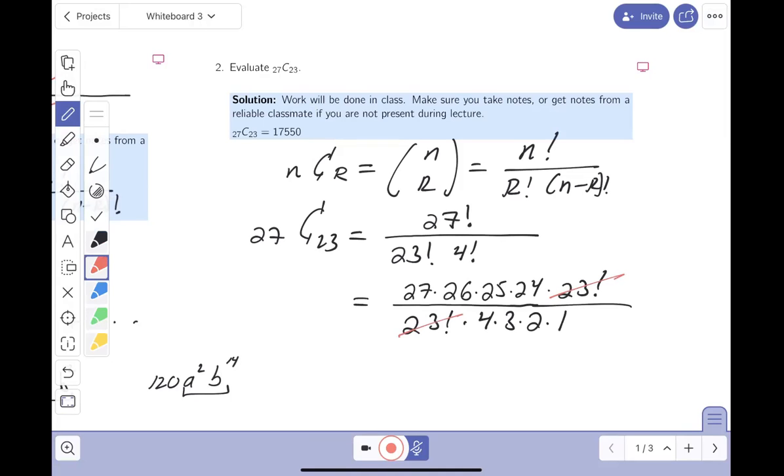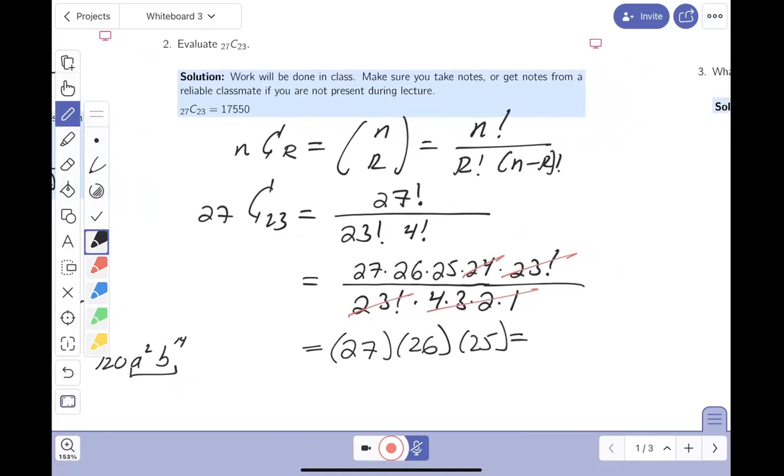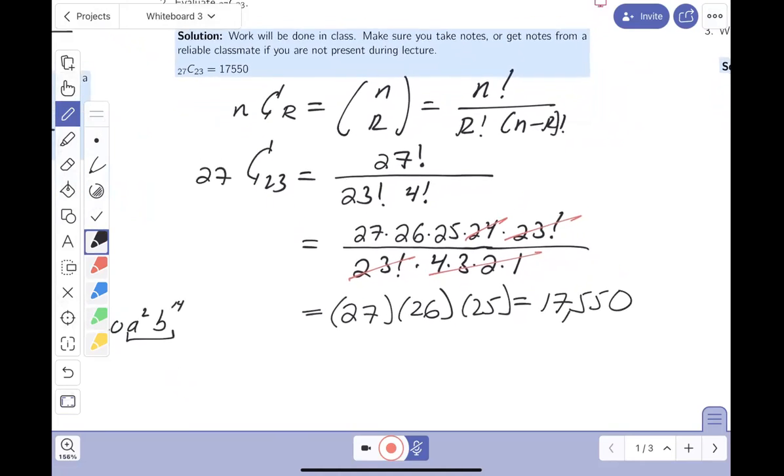It cancels off. What's 4 times 3 times 2? Well, 4 times 3 is 12. 12 times 2 is 24 times 1 is 24. It cancels this. What are you left off with? A fairly simple computation, which is 27 times 26 times 25. And if you do the arithmetic, whether you do it on a calculator or by hand, you get 17,550.